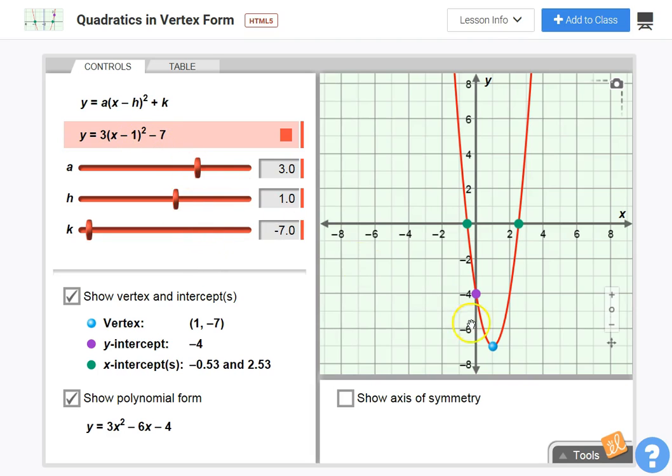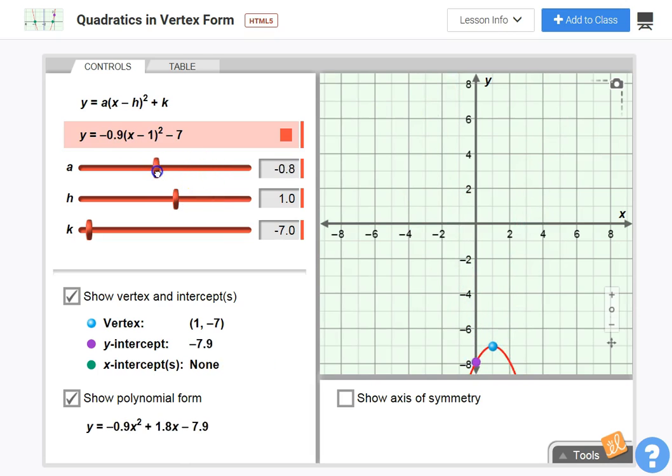Okay, so we can use the sliders here and adjust them and just instantly see the effect on the graph. The vertex is unaffected, but more importantly, if we were to look at the parameter or the value that's related to the x coordinate, we see here that's just sort of the opposite effect.